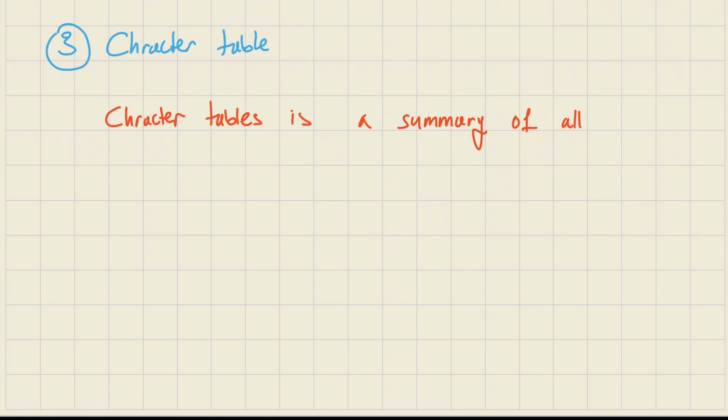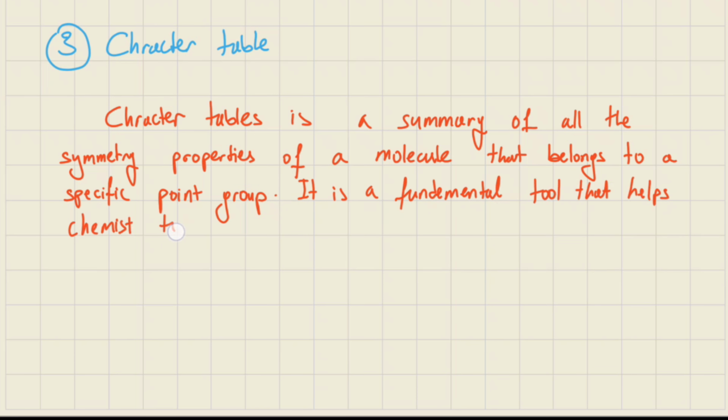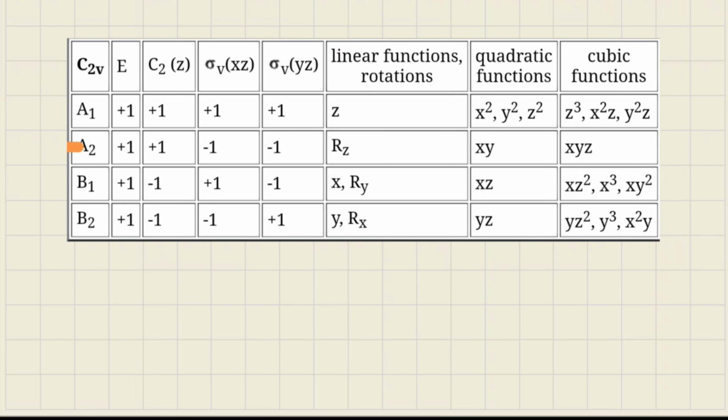And third thing, to use group theory, we have to know some things about character tables. A character table is a summary of all the symmetry properties of a molecule that belongs to a specific point group. It is a fundamental tool that helps chemists predict molecular properties without complex calculations. So this is the C2v point group table.